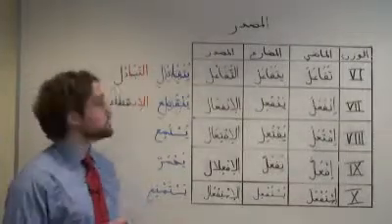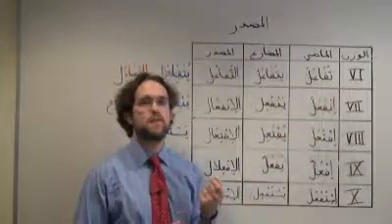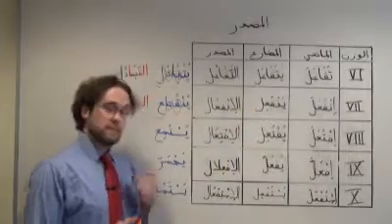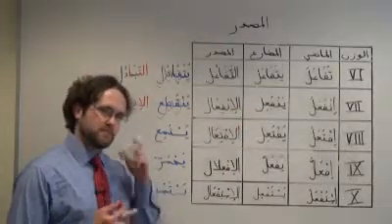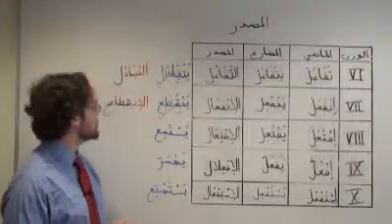A mnemonic that some people use is form 7 has the noon, 7 with the noon. Letter N, we have kind of a sound harmony that some people find useful, a little trick.